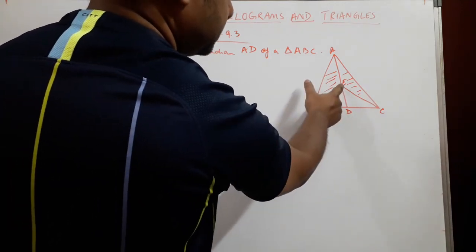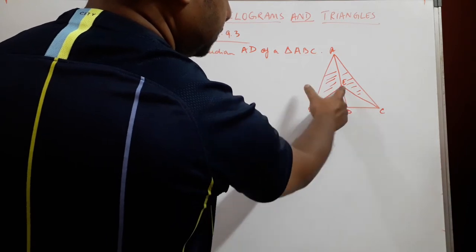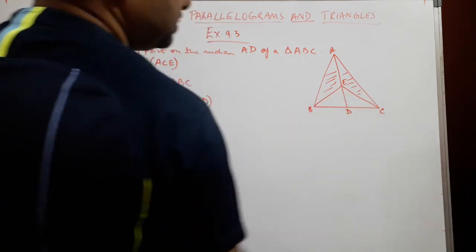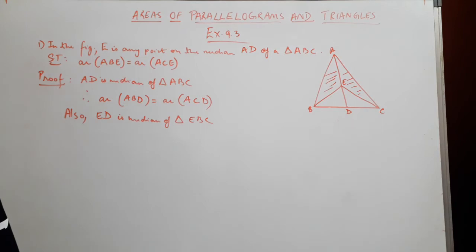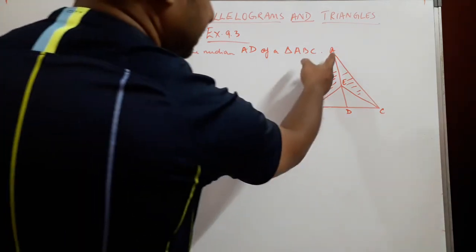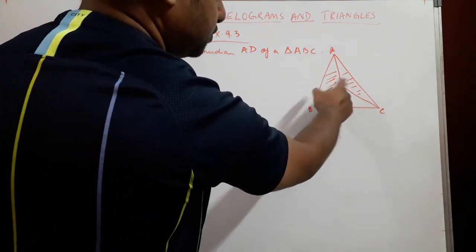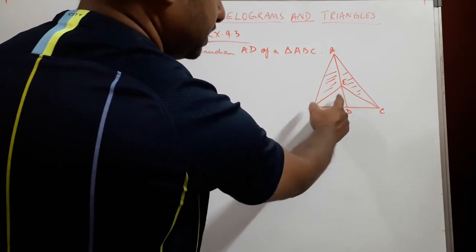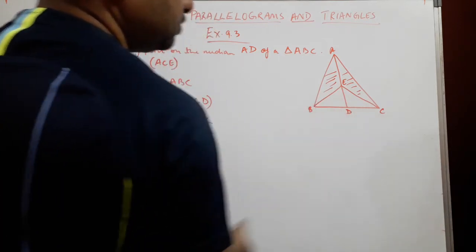This forms another triangle over here, EBC, which is part of the bigger triangle ABC. So if AD can divide ABC into two equal areas, ED can also divide EBC into equal areas.